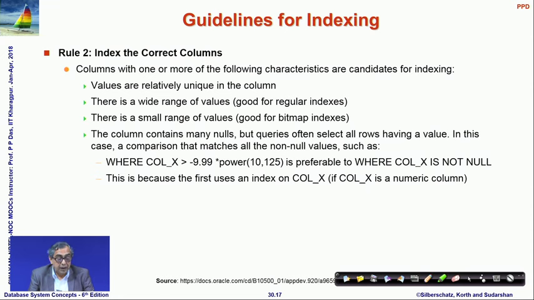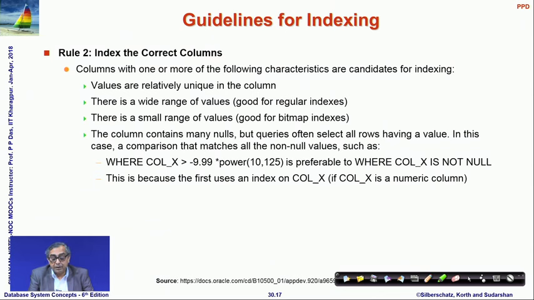So, use those. A column contains many nulls, but queries often select all rows having a value. So, there are columns that have a lot of null values, but whenever you do a query, you actually take out rows which have values. In those cases, if you write the SQL query by keeping the condition in a way so that the index can be used, for example, you could put a condition such that only non-null values will be matched.